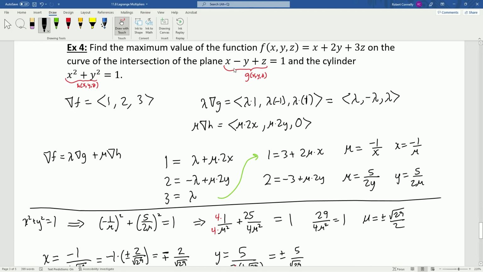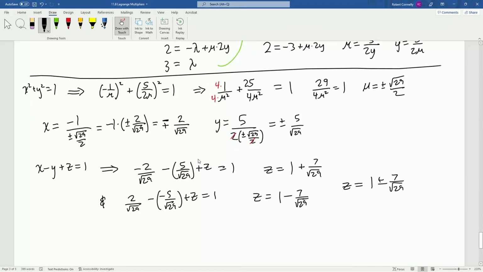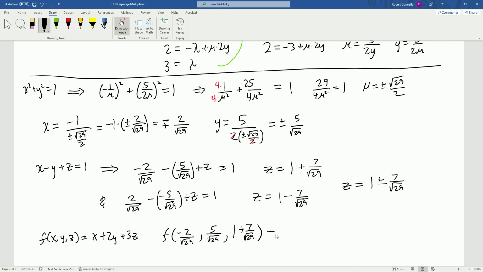So now we just have to plug in these values into our function x plus 2y plus 3z. So if I start with my first values, I get negative 2 over root 29, 5 over root 29, and 1 plus 7 over root 29. What do we get?